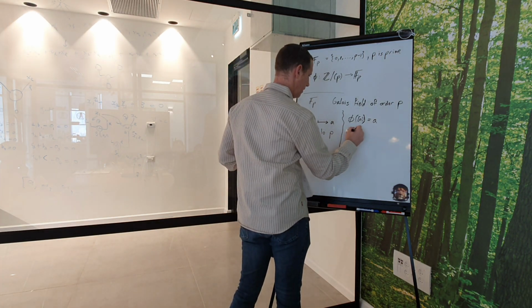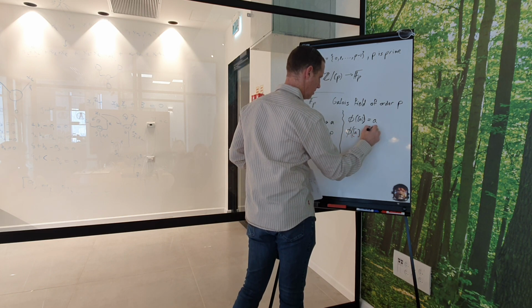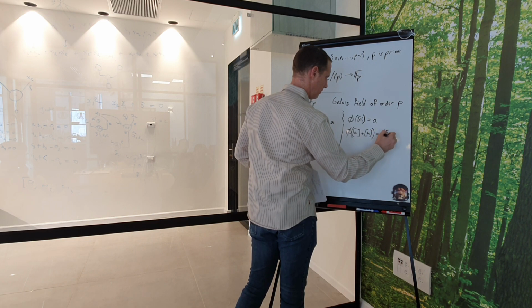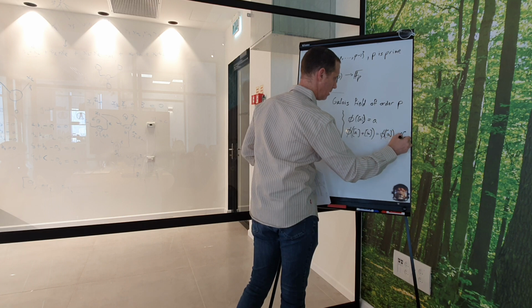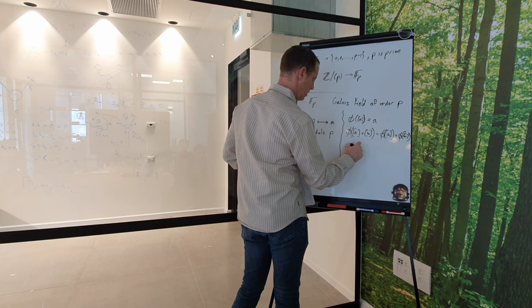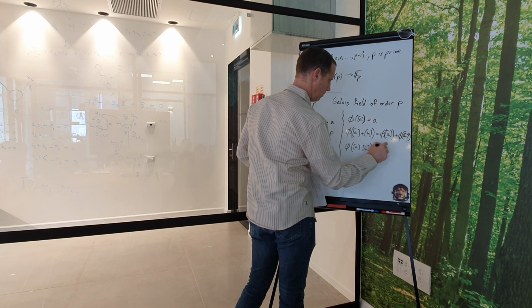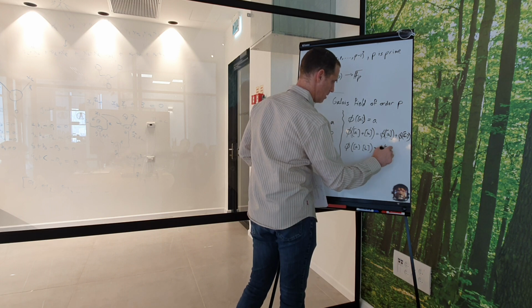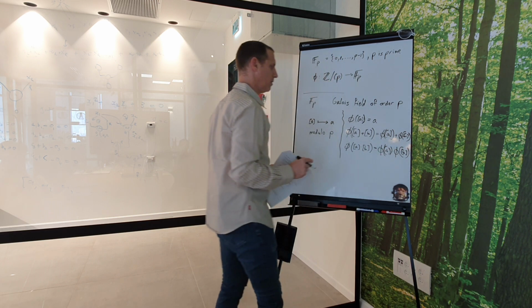But then we get that phi of A plus B is equal to phi of A plus phi of B, and also multiplication follows: phi of A times B equals phi of A times phi of B. Too many parentheses.